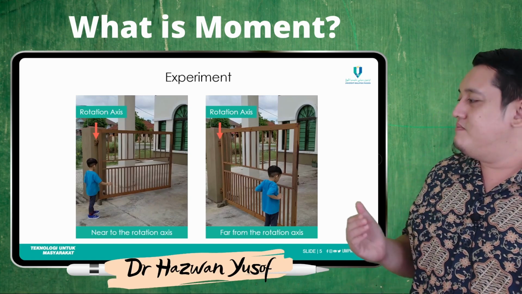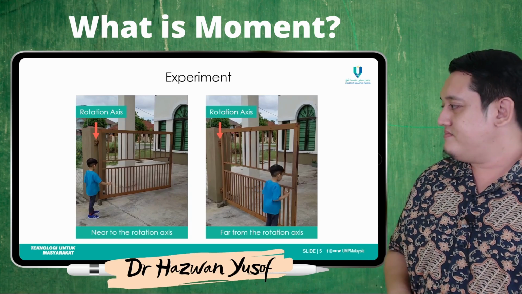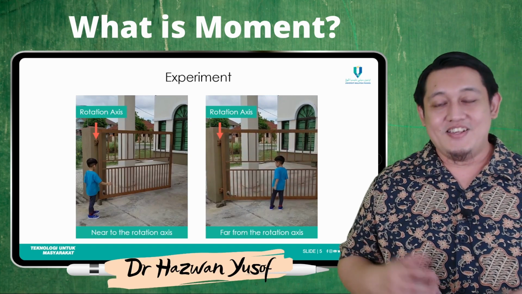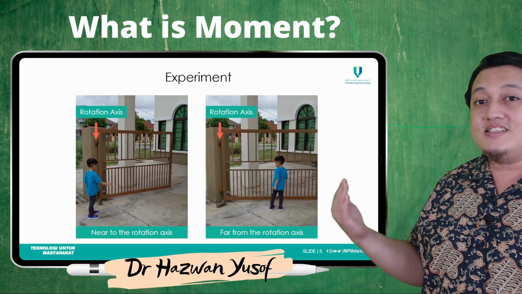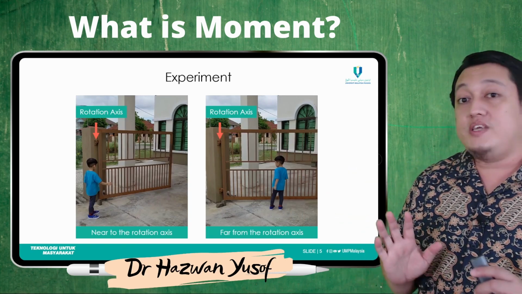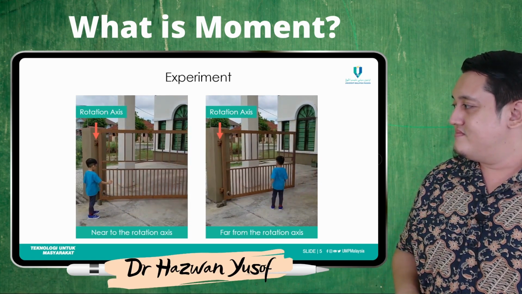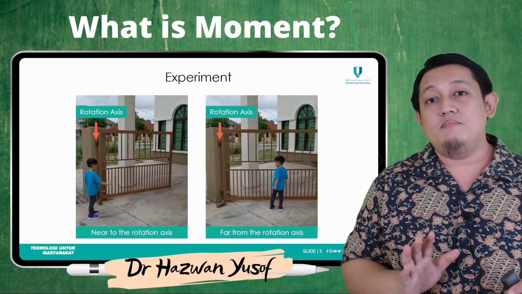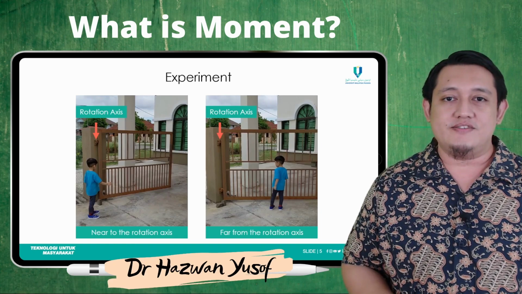Let's ask him to push it far away from the rotation axis. Let's see what happens. As you can see, it is much easier for him to rotate the gate when the distance is far away from the rotation axis. Let's compare these two videos. It is clear that it will be much easier to rotate when we increase the distance.